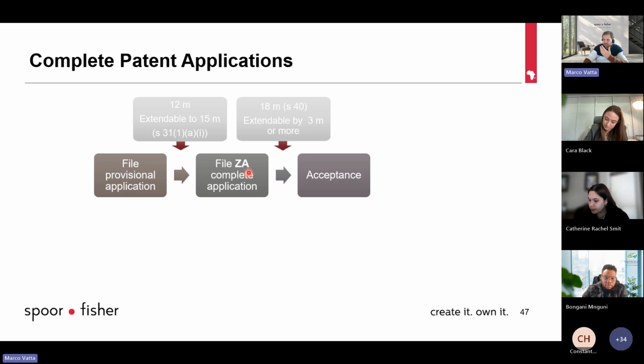That can be by way of deed of assignment, so there's a contractual arrangement in place between the inventor and the parties. It could also be by way of an employment contract, where the employment contract stipulates that the rights have been assigned to any intellectual property to the employer.